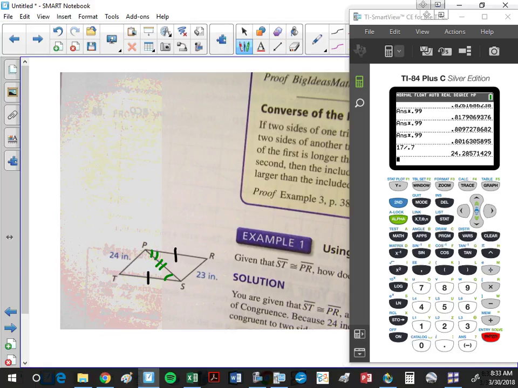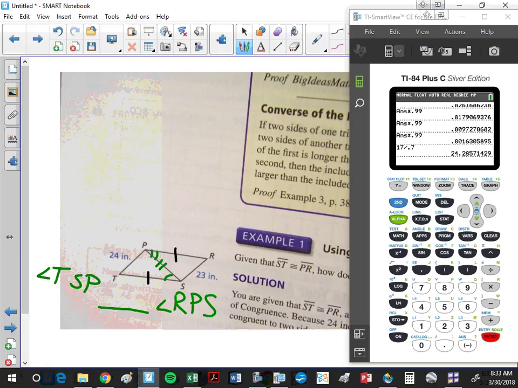So we have the angle TSP, and we want to know how does it compare to angle RPS. So we have three choices. We can either say less than, equal to, or greater than. How does TSP compare to RPS?